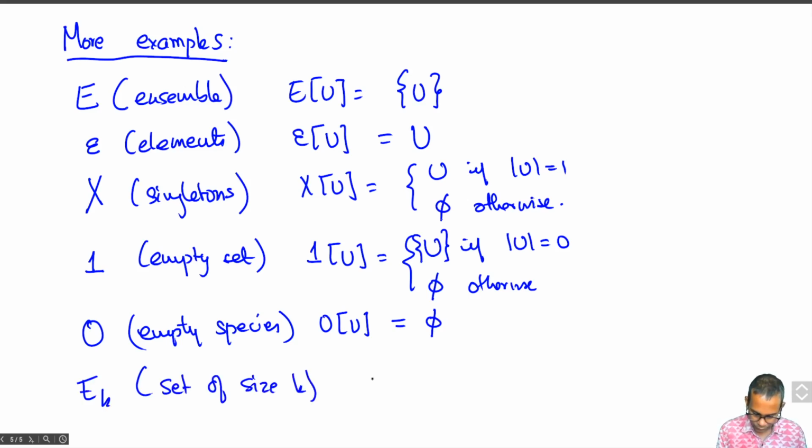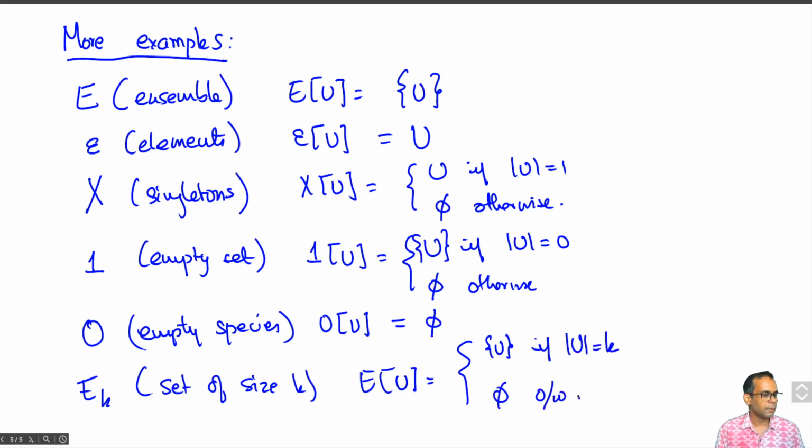It's like E, but it only recognizes sets of size k. It's u if cardinality of u is k, empty otherwise. Okay, so these are some simple examples of species.